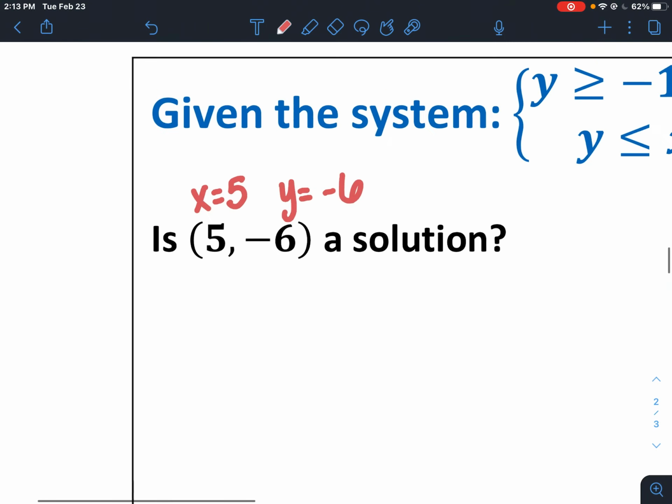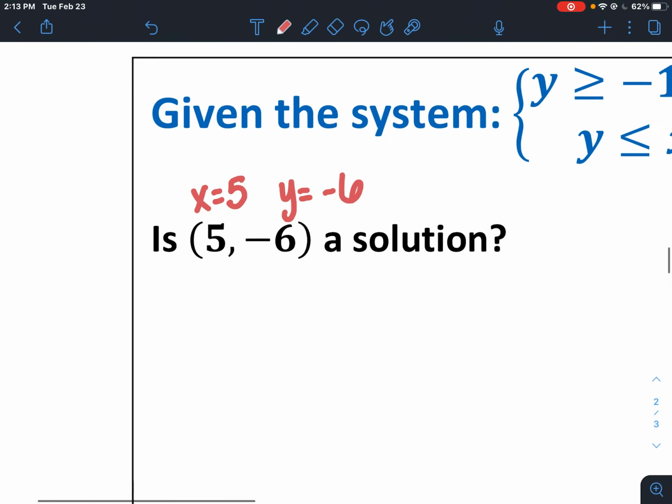And then we'll do the math. So -6 greater than or equal to -50 plus 3. -6 greater than or equal to -47. Is -6 greater than -47?